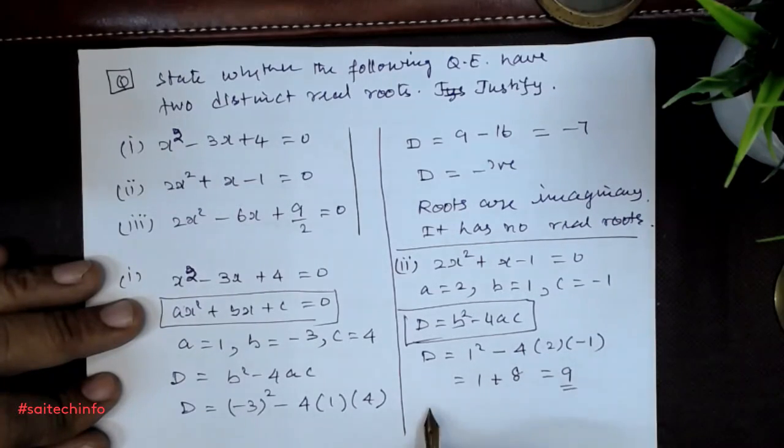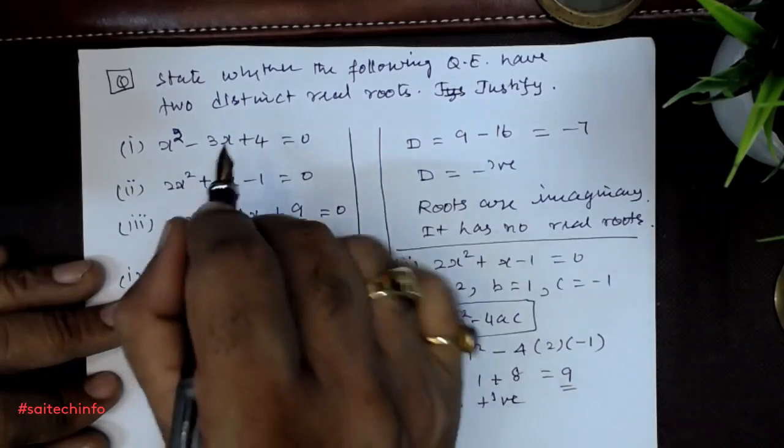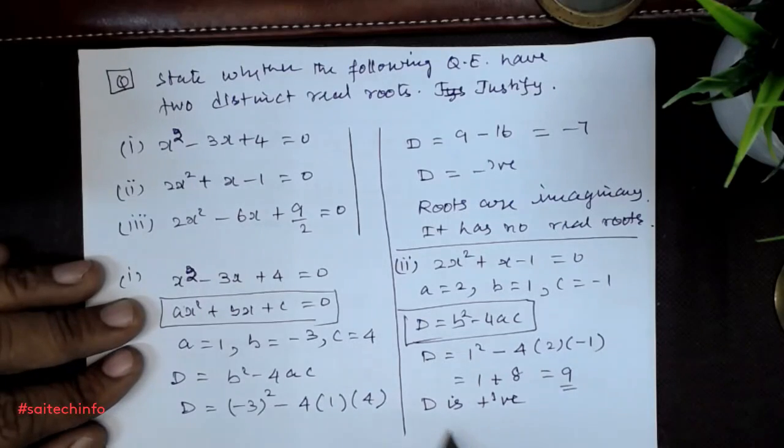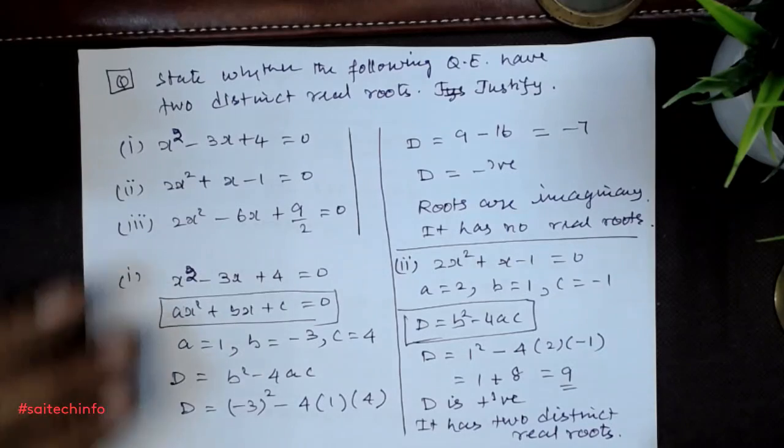So d is positive. If d is positive, it has distinct real roots. So it has two distinct real roots. Are you able to follow this?